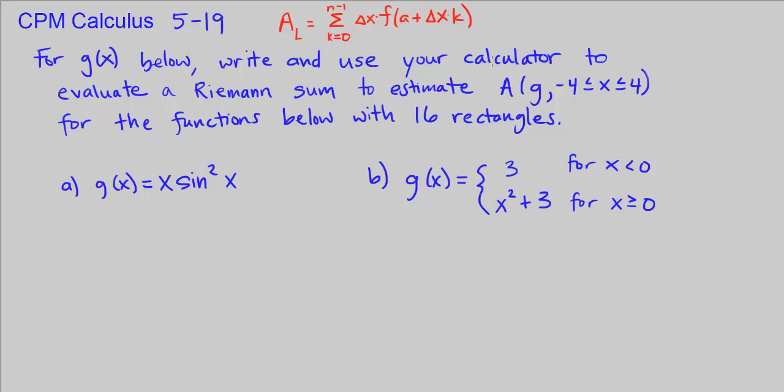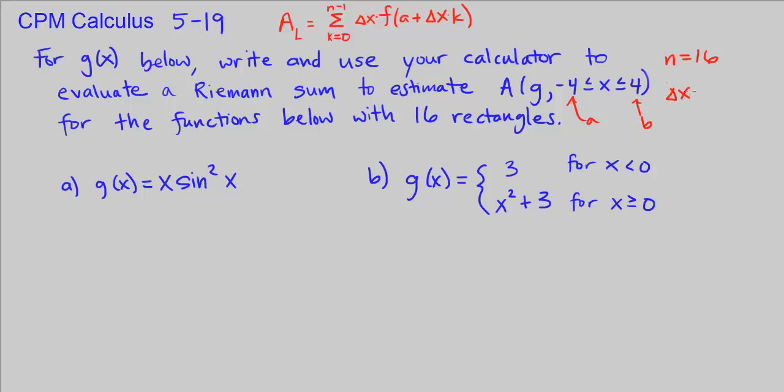So both of these problems have the same 16 rectangles. That's going to tell us that n is equal to 16, because that's the number of regions. In both of the problems we're looking at the region from -4 to 4. So that's our a and that's our b.